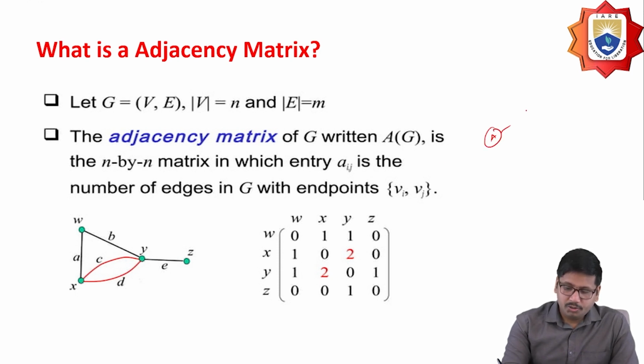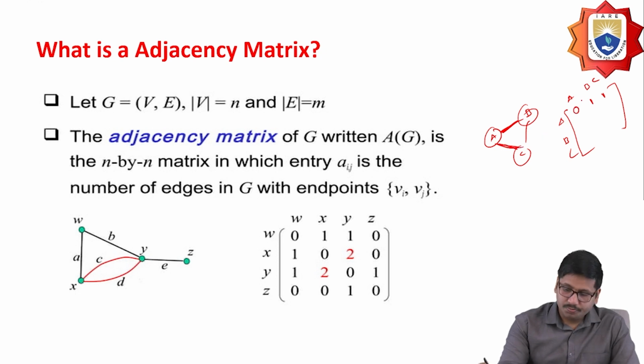Suppose I draw a graph, the vertices are considered along the rows and columns. Whenever I have an edge from A to B, I mark it as 1, and A to C also 1. Where there is no edge, it should be 0. From B, I take B to A, B to B, and B to C is 1, and then C to A and C to B is 1. So like this they are going to be constant.